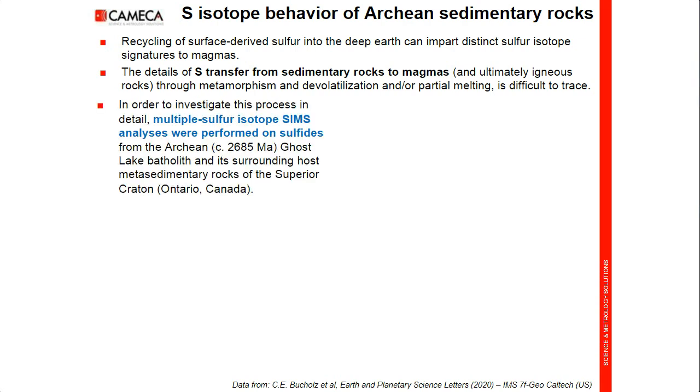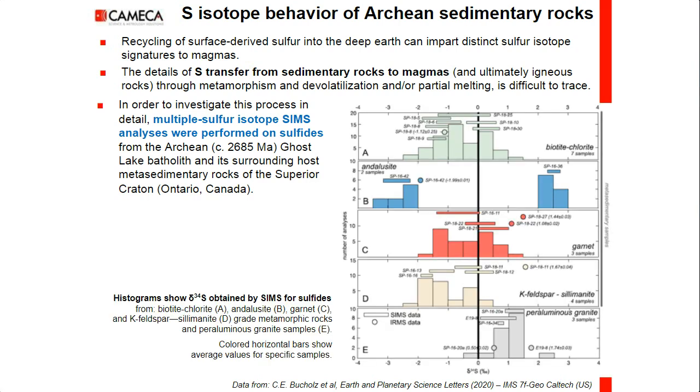In order to investigate this process in detail, multiple sulfur isotope SIMS analyses were performed on sulfides from the Archean Ghost Lake batholith and its surrounding host metasedimentary rocks of the Superior Craton in Canada. We can see here the histograms that show the delta 34 sulfur obtained by SIMS for sulfides from different samples.